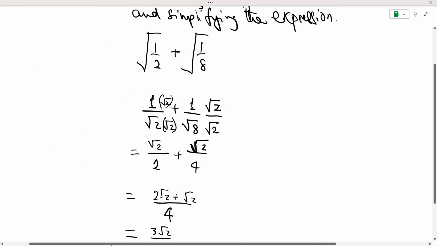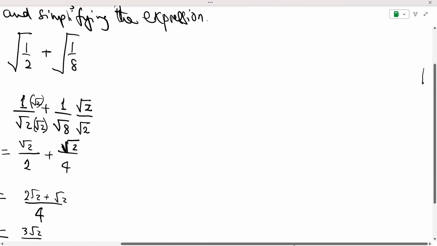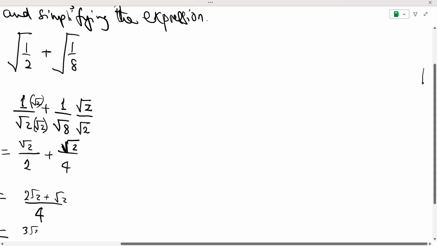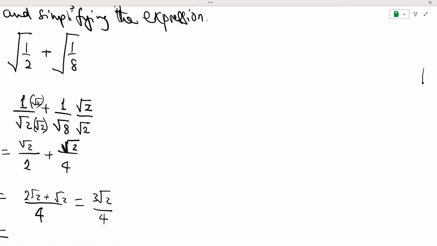Sorry, maybe I should write it here. So this will become 3 root 2 divided by 4. All right?